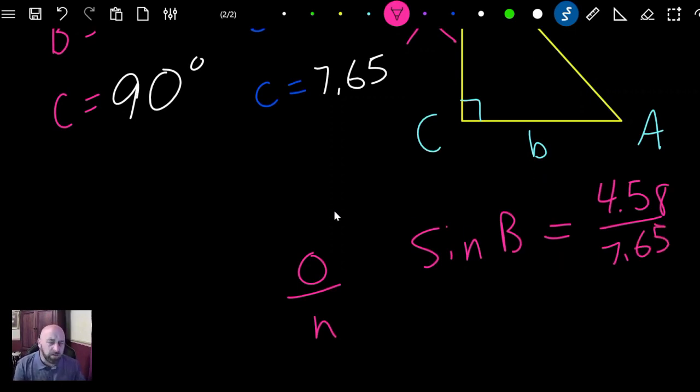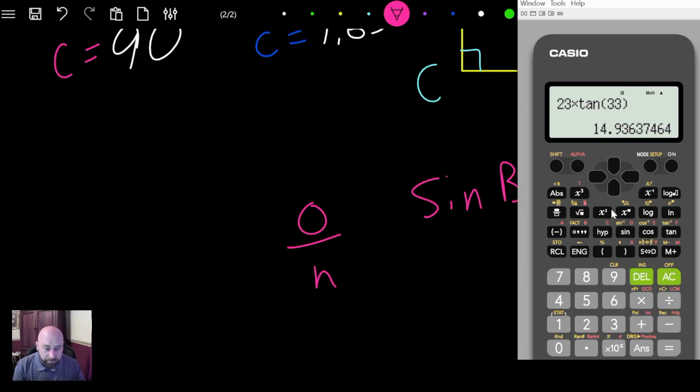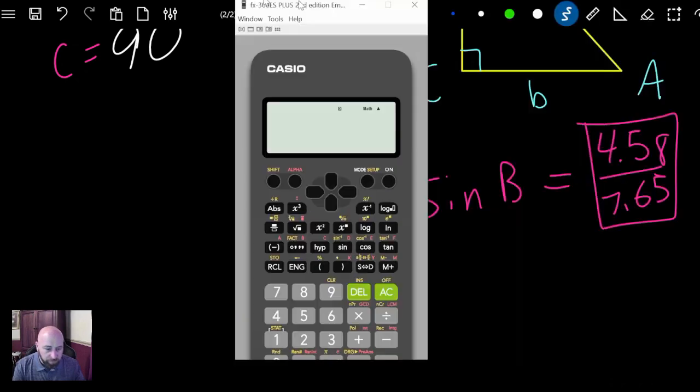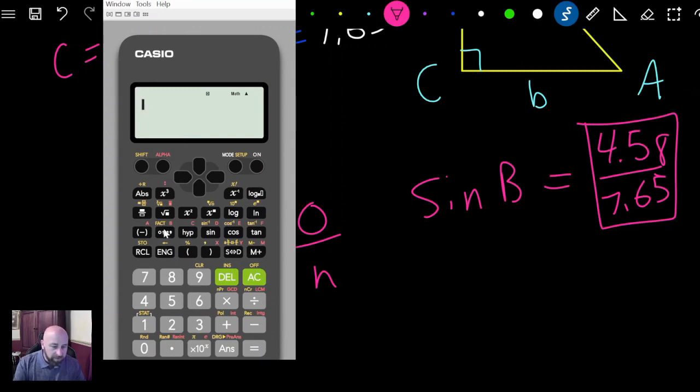You say, how do you solve that? Well, you take your calculator and you just do this. That's all you have to do right here. Okay, and so you just go ahead and take your calculator out, and let's clear this out. Let me move them over here so I can see the values. Now remember, we're not looking for the sine of B, we're looking for the angle.